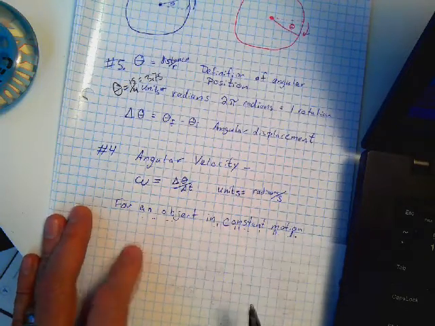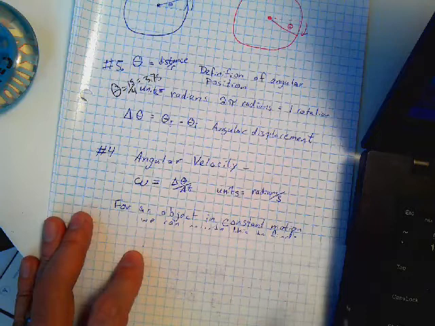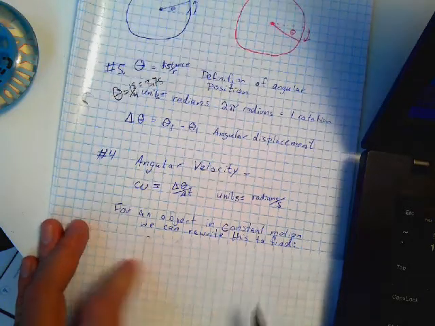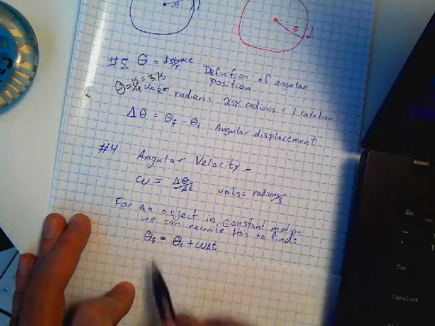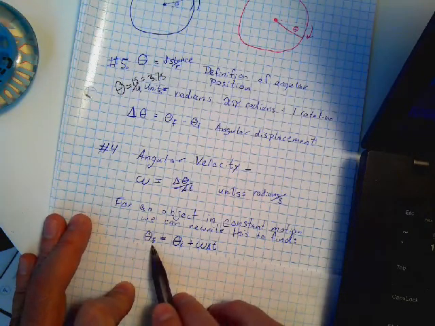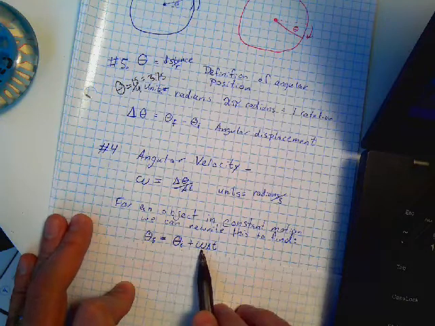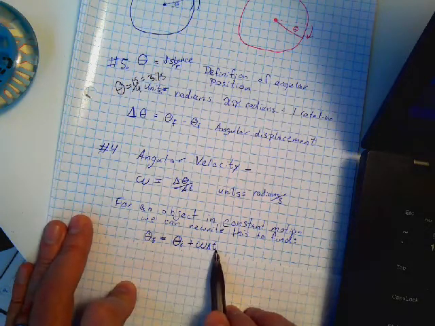So, for an object in constant motion, we can rewrite that to come up with theta f, the final angular position, is equal to the initial angular position plus the angular velocity times the time.